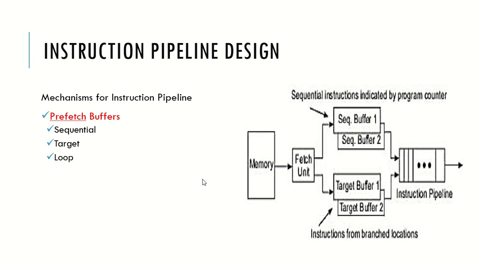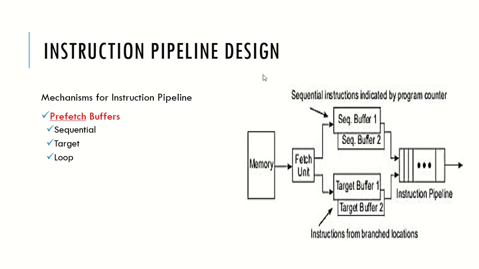The target buffer is going to contain the jumping address and the relevant data of a branch statement. Whereas a loop buffer is going to contain the data specific to a loop which is under execution. So all these are various types of prefetch buffers that you can use in the case of an instruction pipeline: sequential buffer, target buffer, and loop buffer.